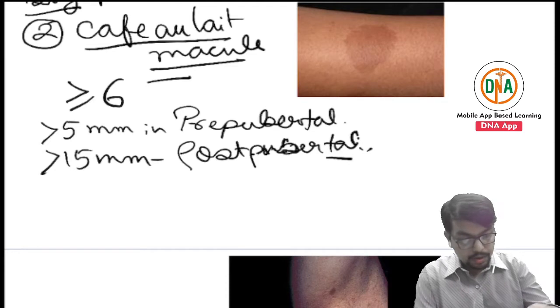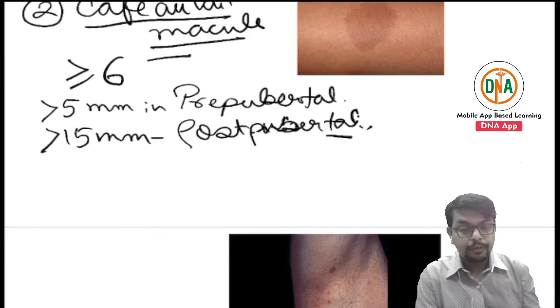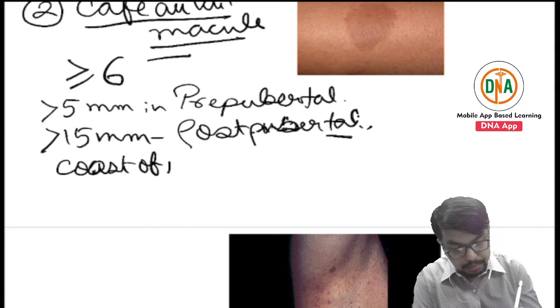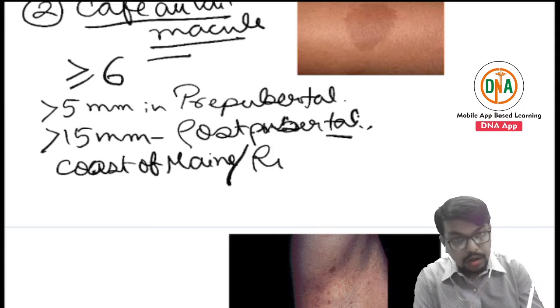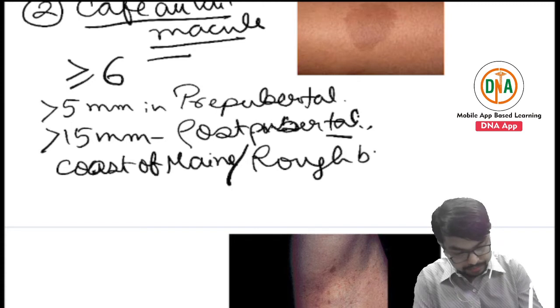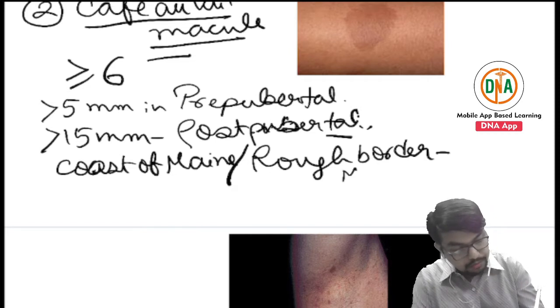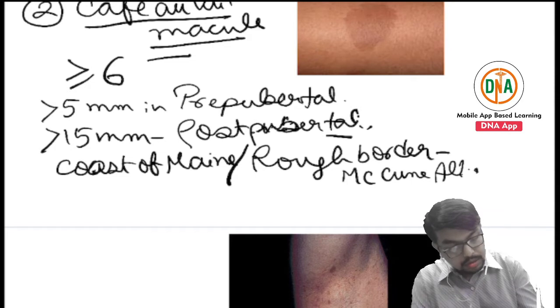Now, regarding the shape of cafe au lait macule, there are two entities. One is called coast of Maine, that is the rough border. This is the feature of cafe au lait macule of McCune-Albright syndrome.